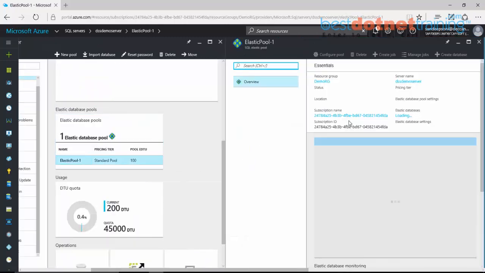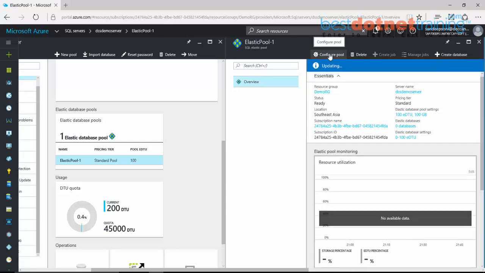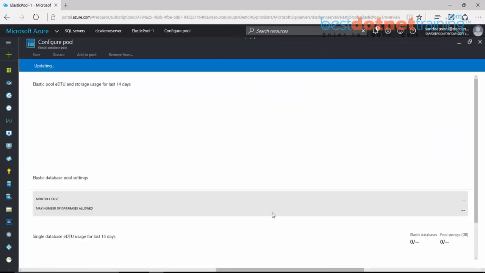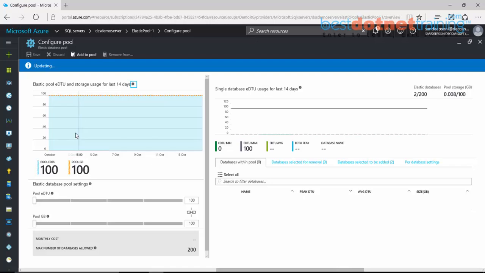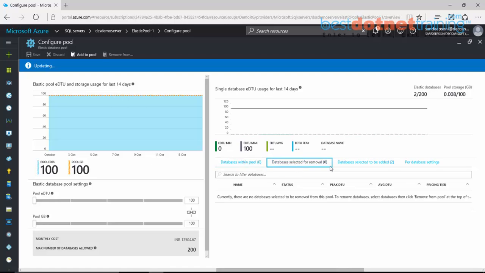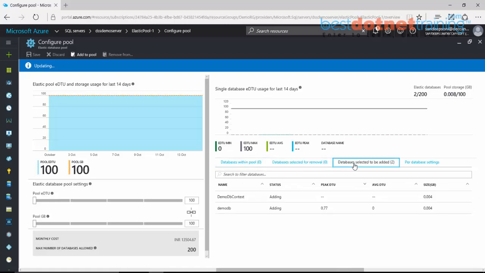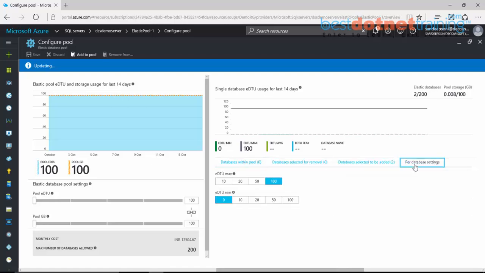Elastic pool, configure pool. Here we are going to see the resource utilization, and then databases selected for removal, databases selected to be added, and per database settings. This per database setting is important.